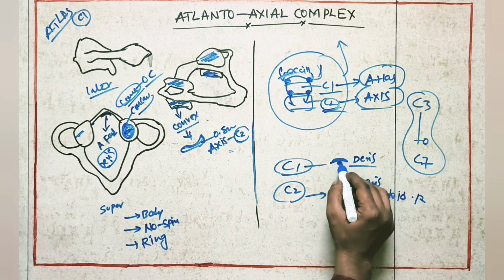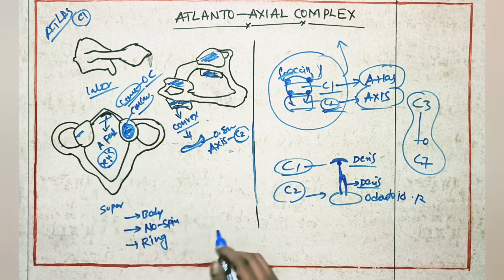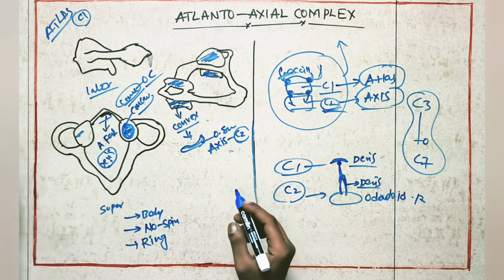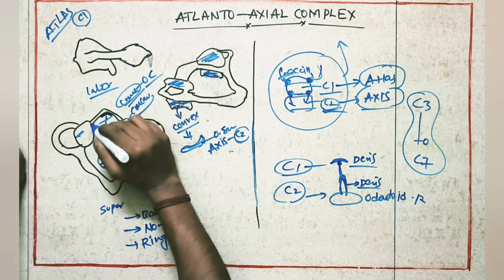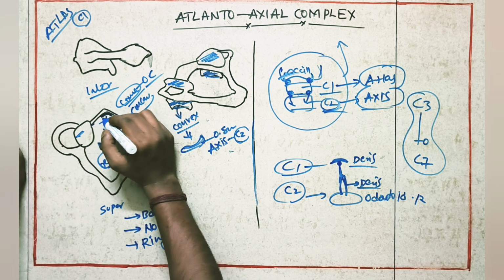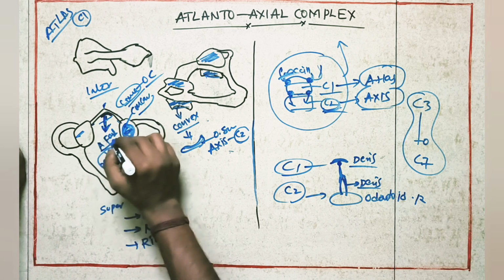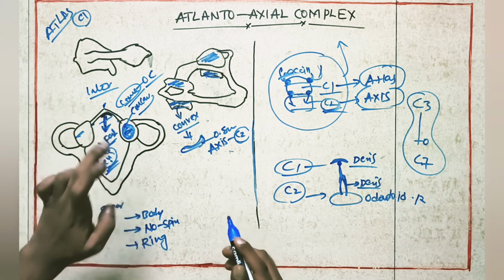This dens articulates here, which is why an articular facet is present on the internal surface of the anterior ring. So this is about the atlas.